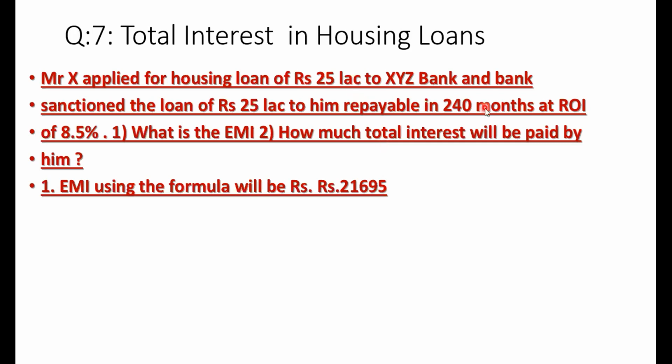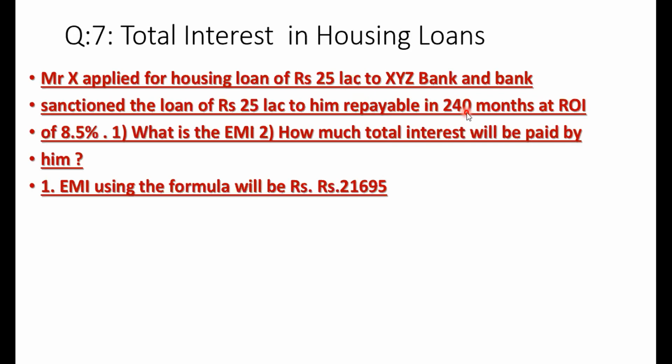Here, 240 months, don't go on pressing; that will be very tedious. Either you make it 20 into 12. First, you have to split into factors. First you press 20 times, then the value at the end of the 20th, you multiply again with the same value 12 times.